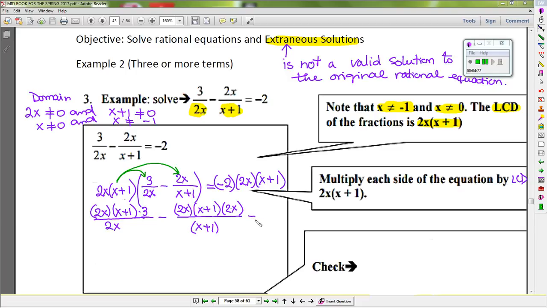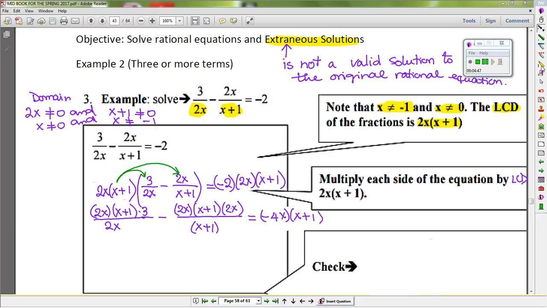On the right hand side, because it has no denominator, your denominator by default will be 1. So I'm going to simplify, multiplying these two monomials first. That will give me -4x times x plus 1.